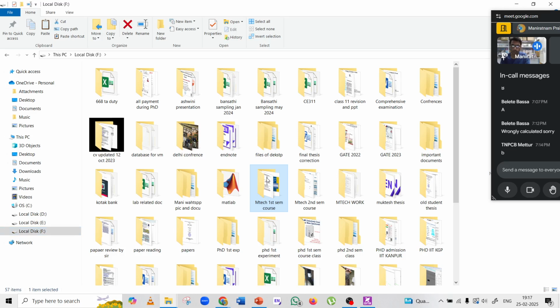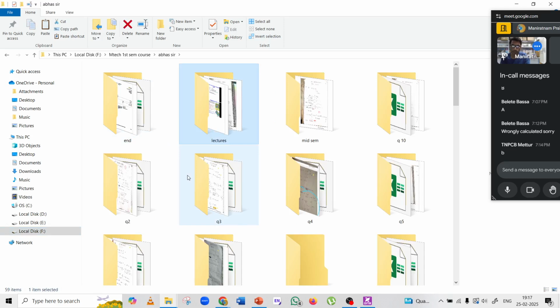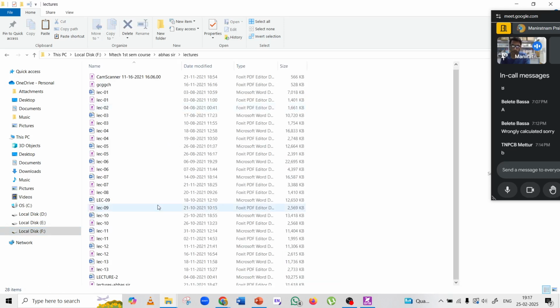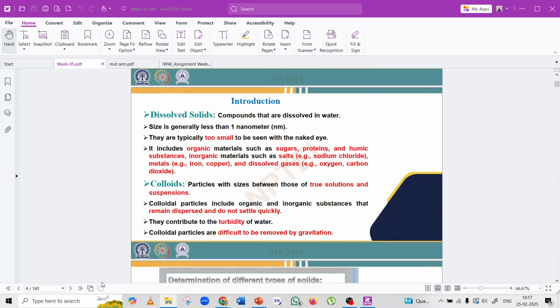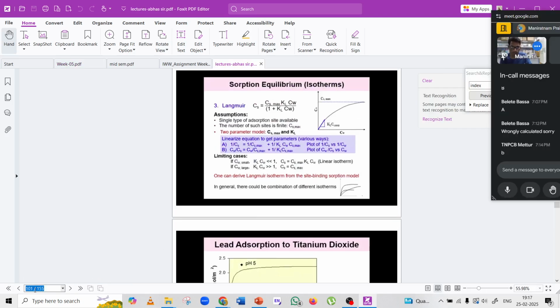I'll show you what I was talking about: how it depends which particle will form and which won't form. It all depends upon something called the saturation index.